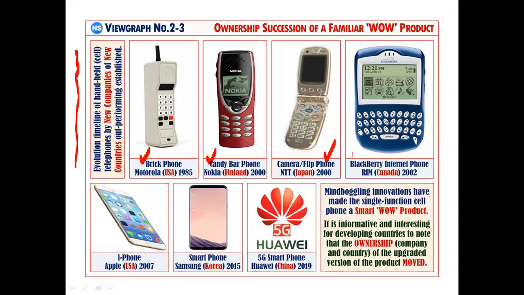Suddenly, very soon after that, we saw the BlackBerry. But the BlackBerry is the first time when you could use a telephone to send emails. Until that time, none of these telephones could send emails. That's revolutionary. Who produced that BlackBerry? This is a Canadian company, Research in Motion, RIM, about 2002.